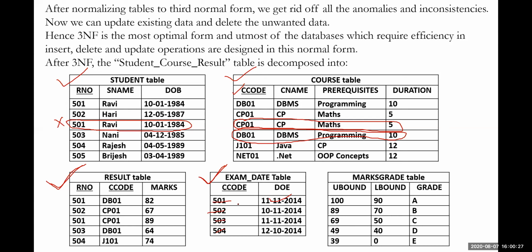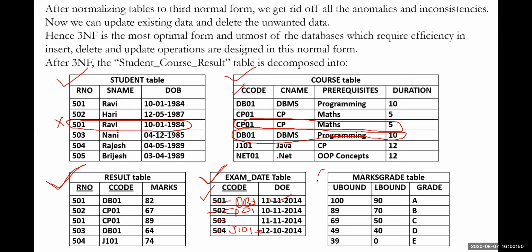So it is DB01; the DB01 examination will be on so and so date. CP01 examination will be on so and so date. And then J101 examination will be on so and so date. I'm sorry for this. Let me adjust everything in the next class, so the exam course codes and everything will be adjusted here.